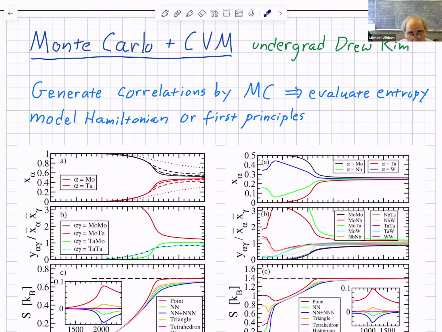One idea is to use Monte Carlo to generate the correlation functions, and then use the correlation functions to evaluate the entropy within the cluster variation method. And the Monte Carlo, you can either do very efficiently with model Hamiltonians, possibly fit to first principles, or you can do it purely from first principles, in which case it's rather slow.